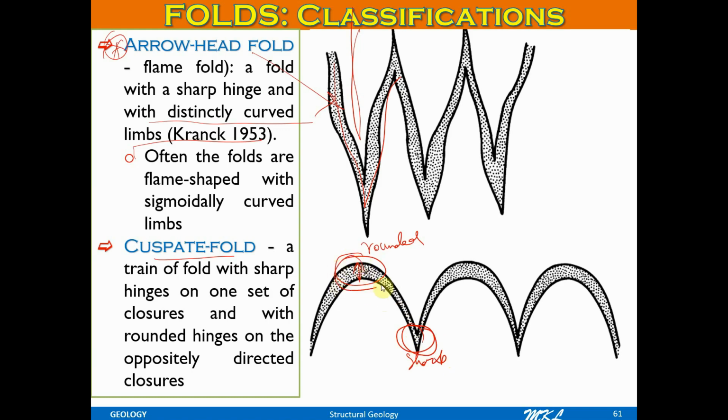If you consider the anticline part, you will have the rounded. So there are two types of hinges you can see here. This point is thicker and this point is thinner. That's the basic difference between the cascade fold and the arrowhead fold. These things are very important. You just note down the name like cascade fold.